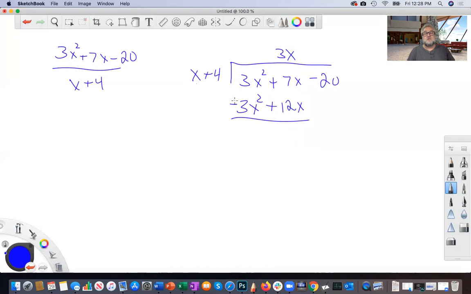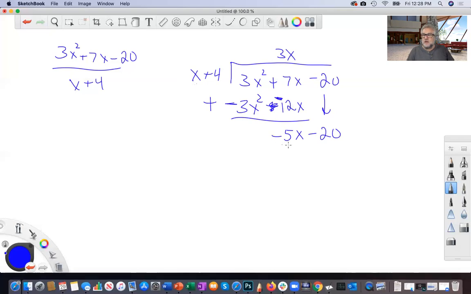Okay, change the sign in the lower line and add. We get a 0. 7 minus 12 is minus 5x. Is that right? Yep. Bring down the minus 20. Okay, x goes into minus 5x. How many times? What do I have to multiply x by to make it look like minus 5x?